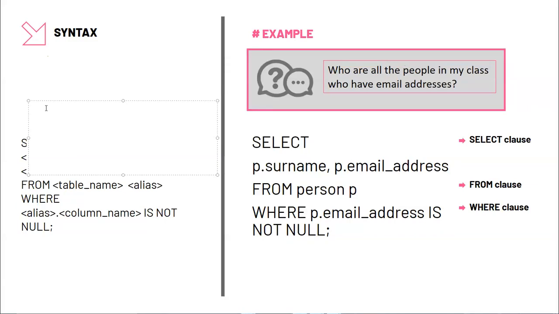Where email address is not null. That's the part where I want somebody to rewrite this: where p.email address is not null. Can anyone try?